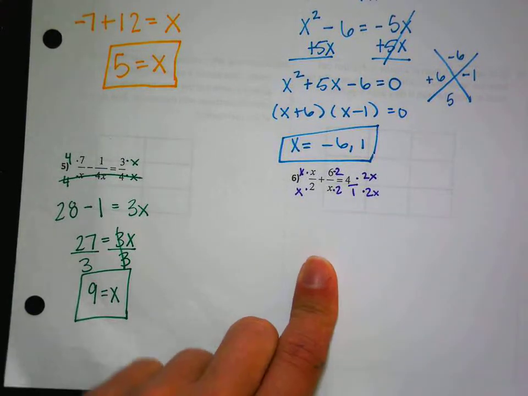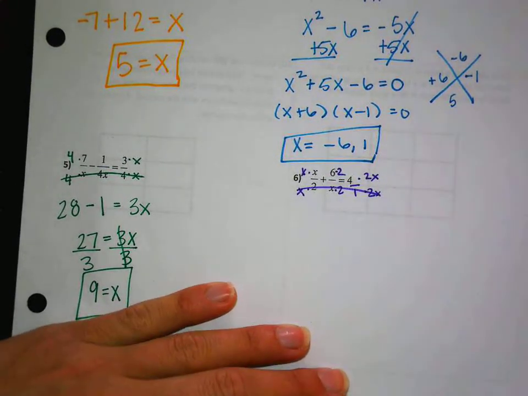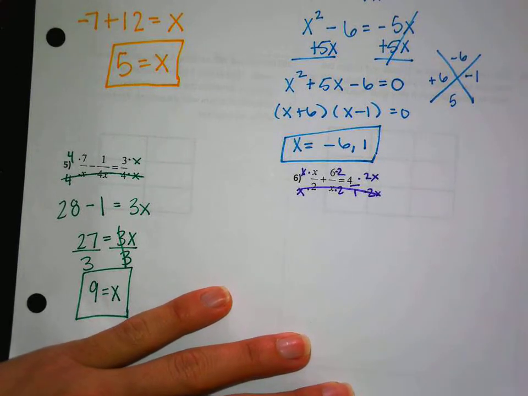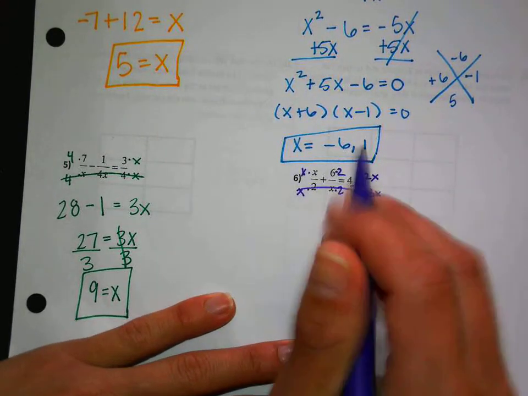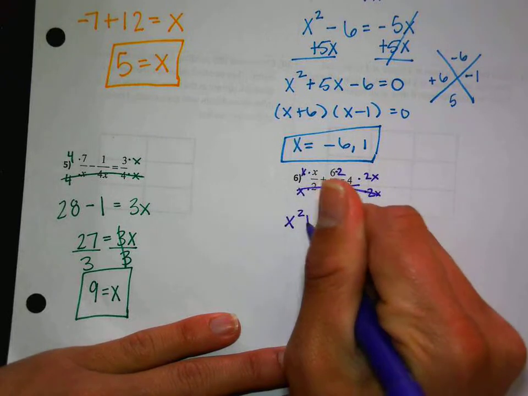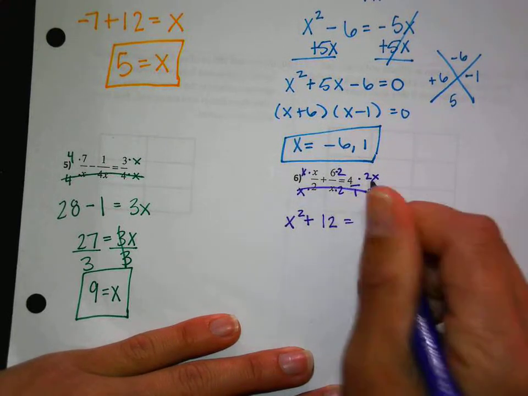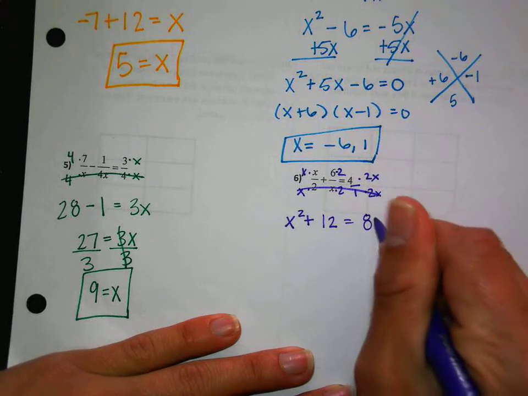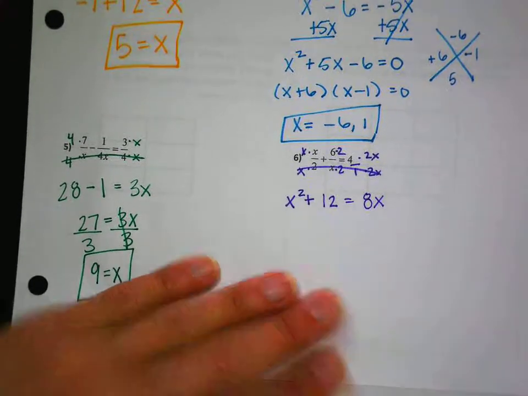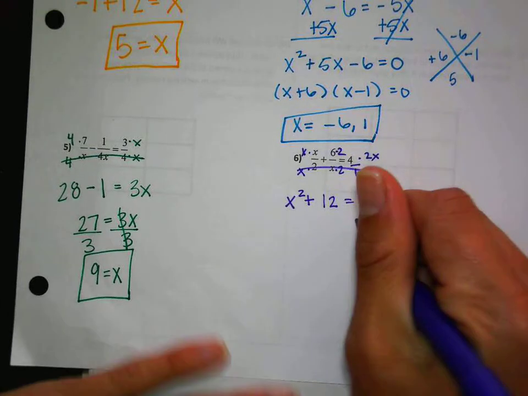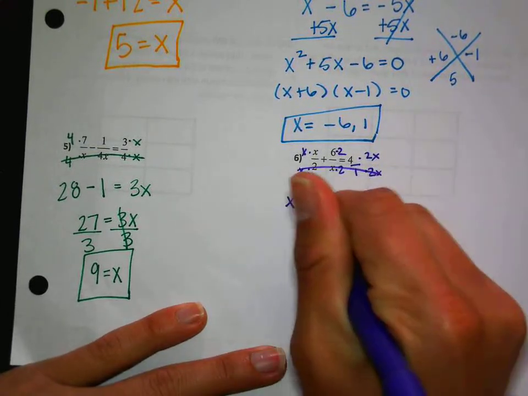So I can cross through them. So x times x is x squared, plus 6 times 2 is 12, equals 4 times 2x, which is 8x. Good. Once again, we have a quadratic, so we're going to move everything to one side.